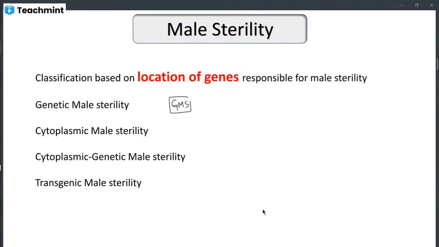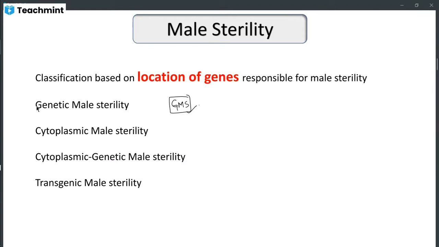Genetic male sterility. Okay, see, these other different types of male sterility are classified based upon the gene location, where the gene that is causing male sterility is located. So first is genetic male sterility, cytoplasmic male sterility, cytoplasmic genetic male sterility, and transgenic male sterility.